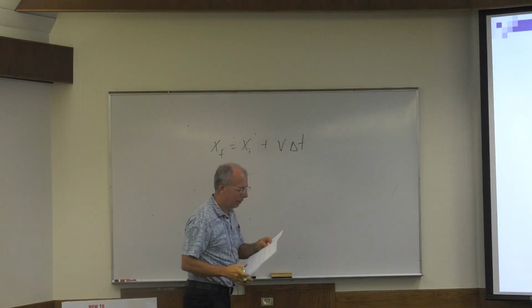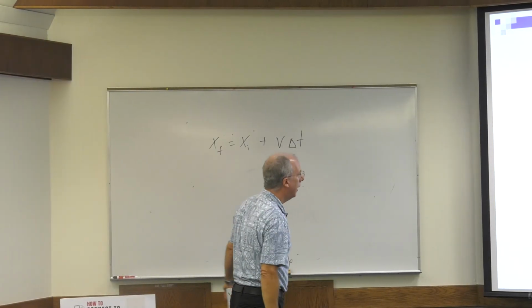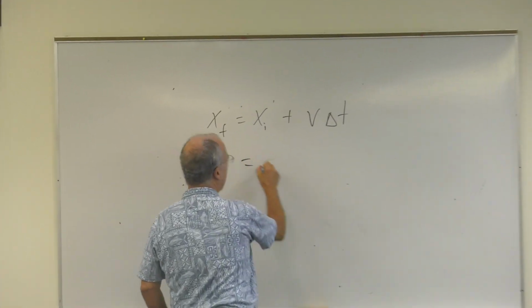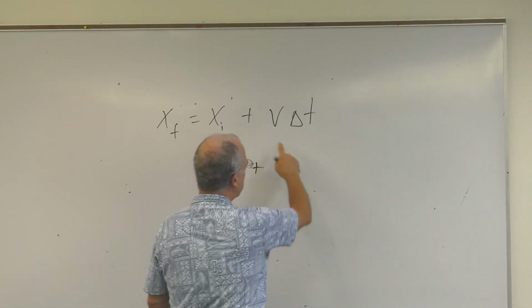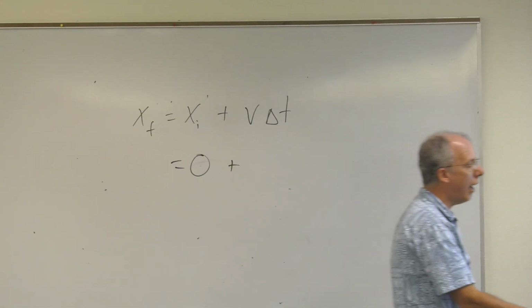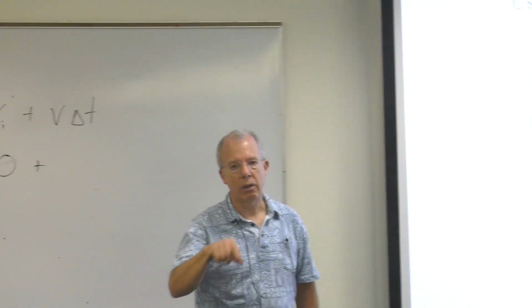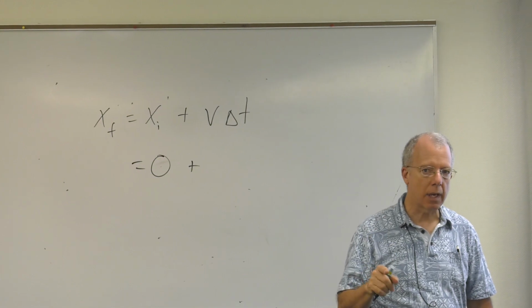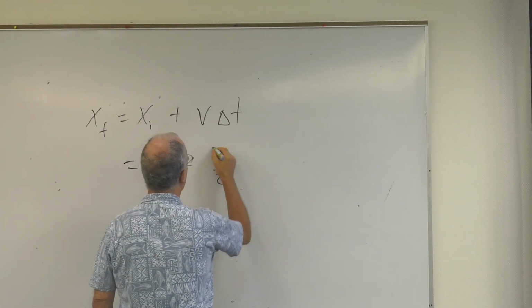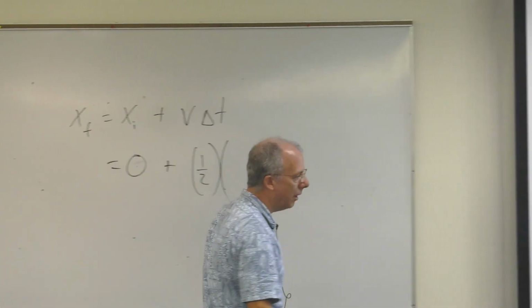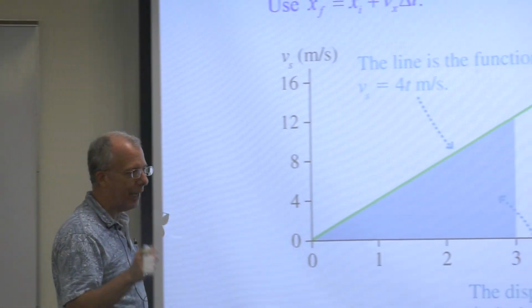All right, let's do it. x initial is 0. That was given. And this is the area under the curve. Well, this is a triangle. What's the area of a triangle? 1/2 base times height. Always use your units and get in the habit.